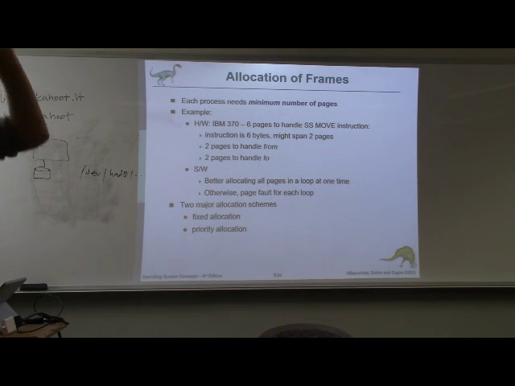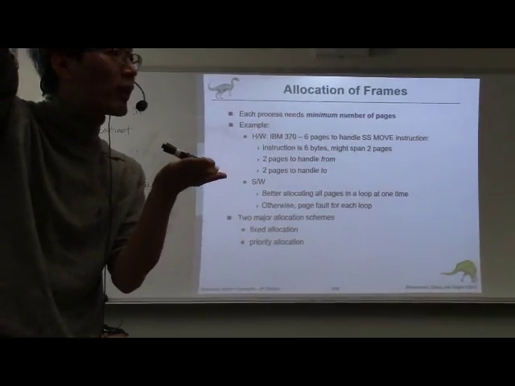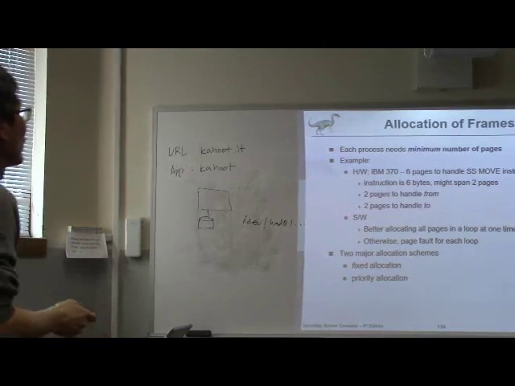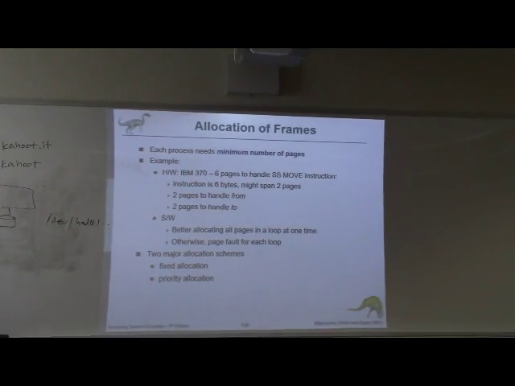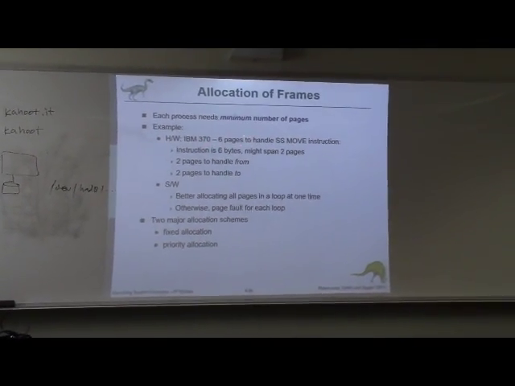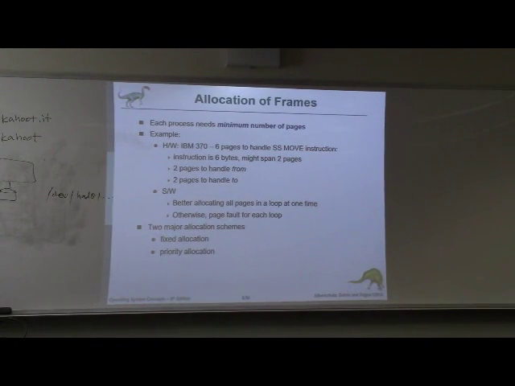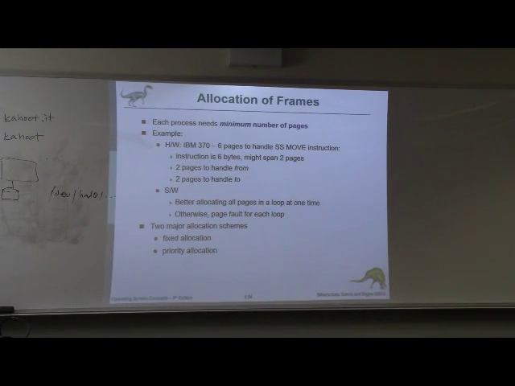That's on-demand. However, you can imagine that approach will be slower. Instead, why don't we bring a group of pages together? For example, the IBM 370 needs 6 pages for the move instruction. Which means not just one page by page. We need a group of frames, a minimum number of pages.